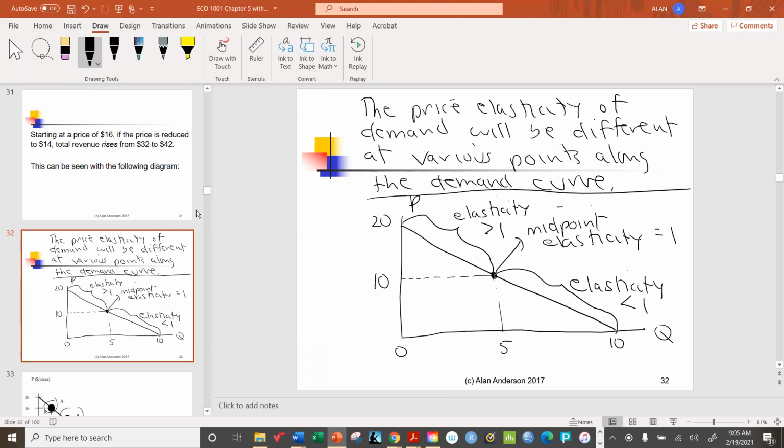Because we've seen from that chart that when the elasticity is above 1, it makes sense to cut the price, and when the elasticity is low, it makes sense to raise the price. So from the perspective of the sellers, this is the optimum point. This is where you'll maximize your revenues.